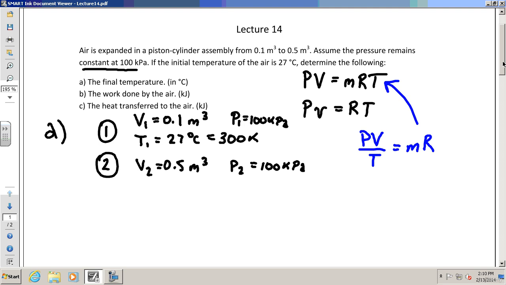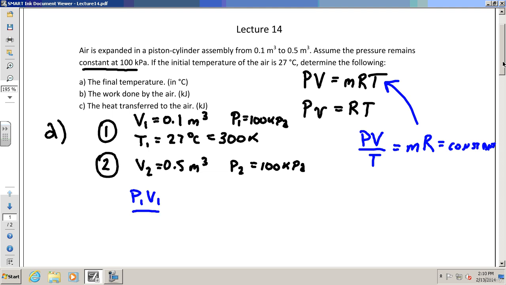And then there's just simple algebra. Then the mass, in a closed system, the mass doesn't change, right? The mass is constant. And R, because of air, has the same R, right? So therefore, that's a constant. That's a constant. And then you can write the following.